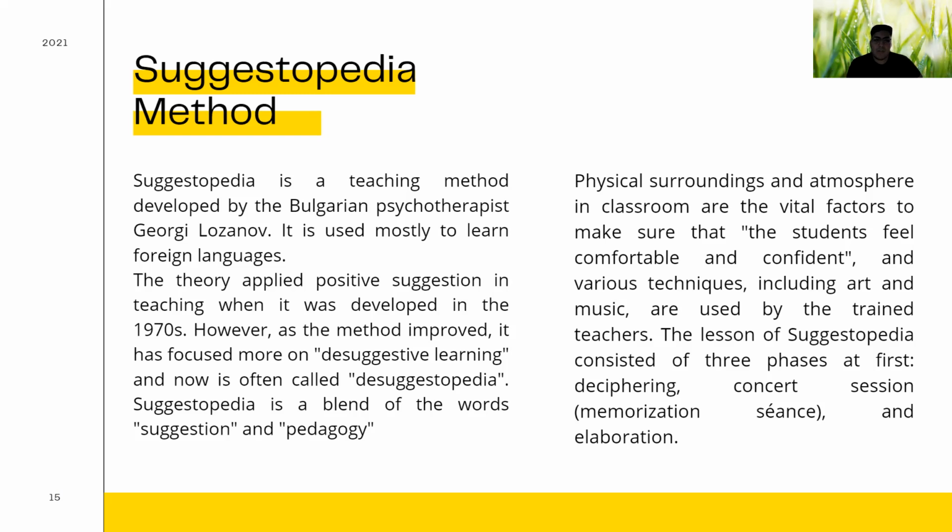The theory applied positive suggestion in teaching. However, as this method improved, it has focused more on suggestive learning, and now it is often called Suggestopedia. Let's understand why it is called Suggestopedia.